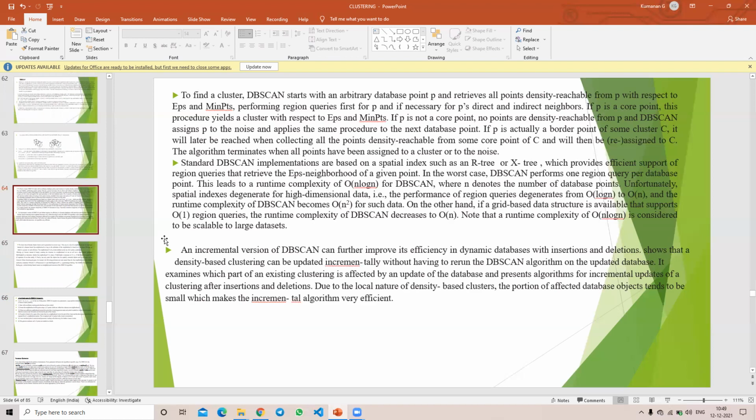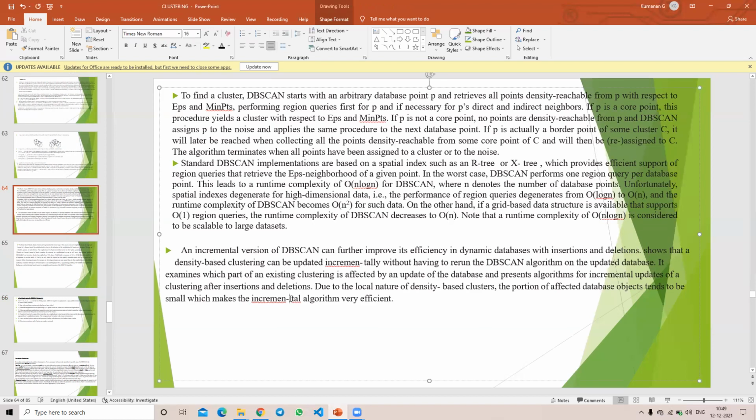An incremental version of DBSCAN can further improve its efficiency in dynamic databases with insertions and deletions. It shows that density-based clustering can be updated incrementally, without having to rerun the DBSCAN algorithm on the updated database.